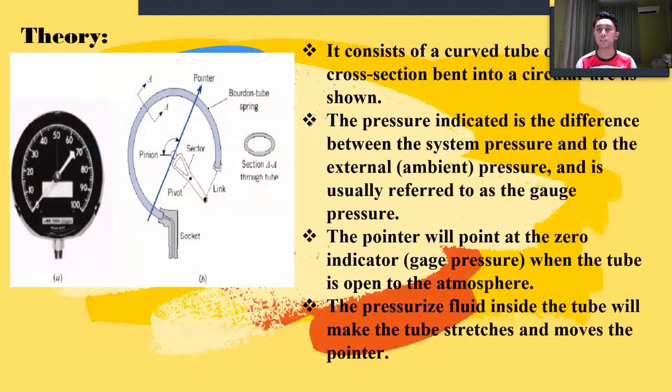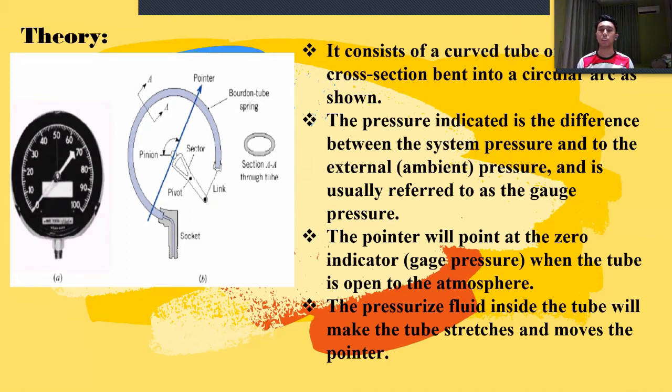Okay, for the theory, it consists of an elliptical cross-section bent into a circular arc as shown. The pressure indicated is the difference between the system pressure and the external pressure, and is usually referred to as the gauge pressure.